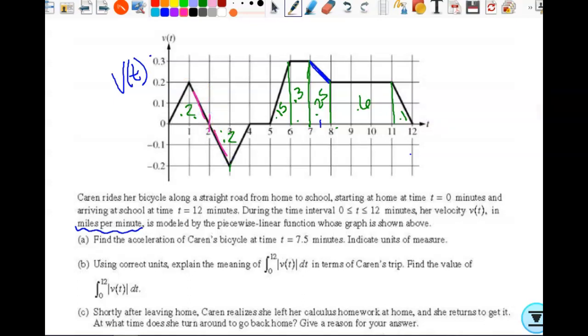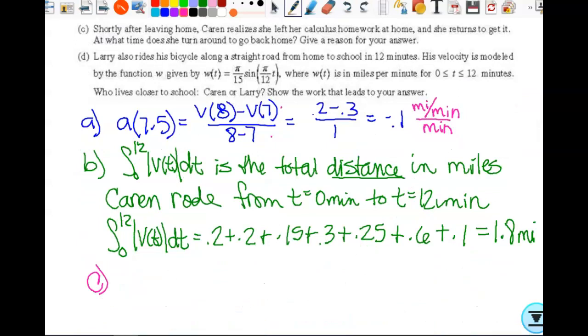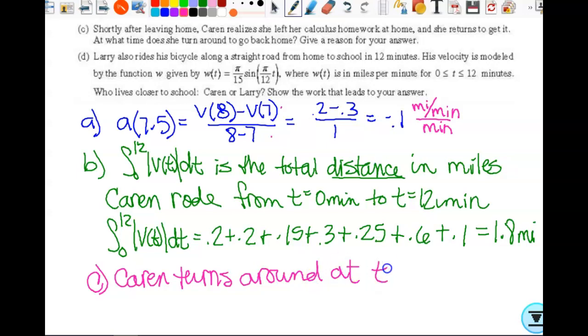Okay? So how to answer this here? At what time? Okay. So Karen turns around at t equals 2 minutes.